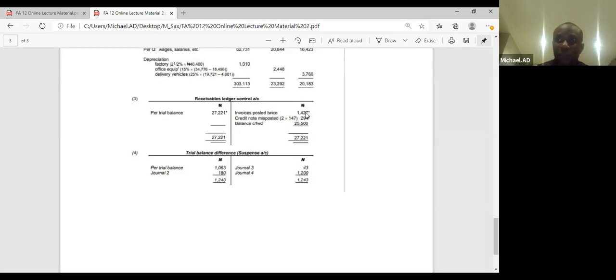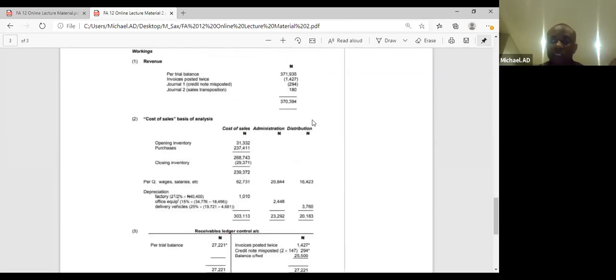Then remember the invoice that was posted twice. Remember the credit note that was misposted as an invoice of 241. So those things that we adjusted in our sales are the ones that are literally coming back here. Yes, I expect you to ask what then happens to our 180? Remember, the 180 was just one-sided. It does not affect the corresponding entry. It is just a one-sided leg, which is our revenue that it affects. So that is why we aren't adjusting it in our receivable ledger control account.